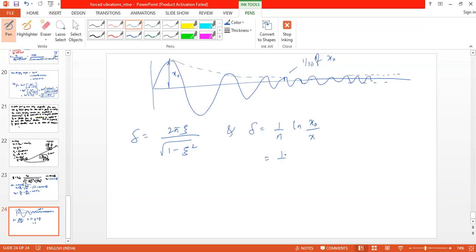So delta is 1 by 4 ln of x naught by 0.1 x naught. So here x naught will get cancelled. So what is the value of delta? 0.57.